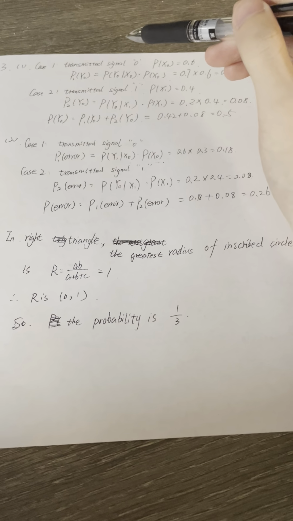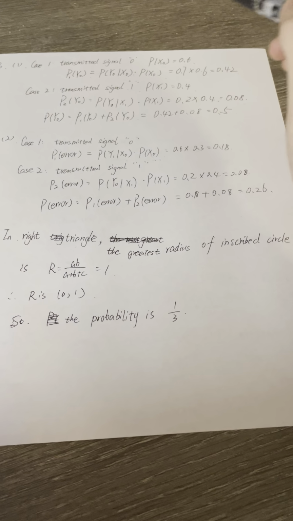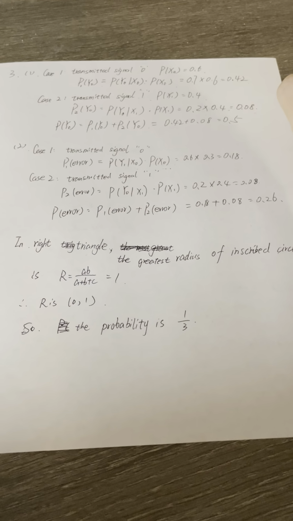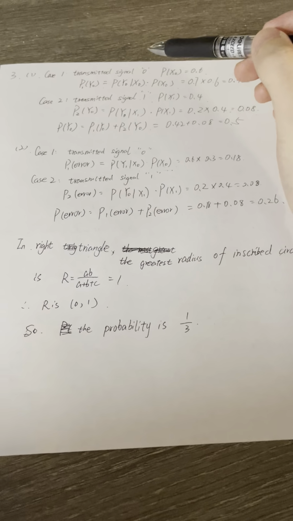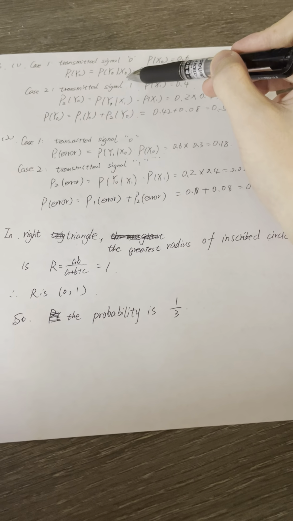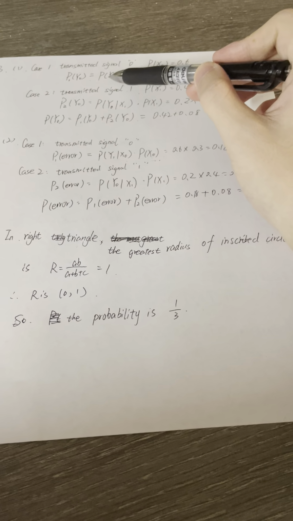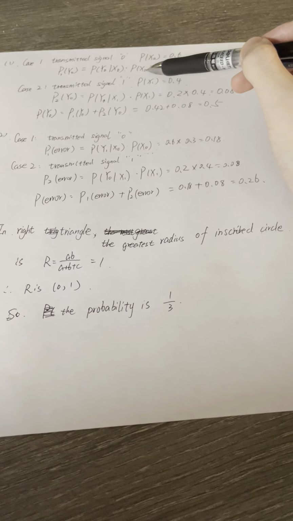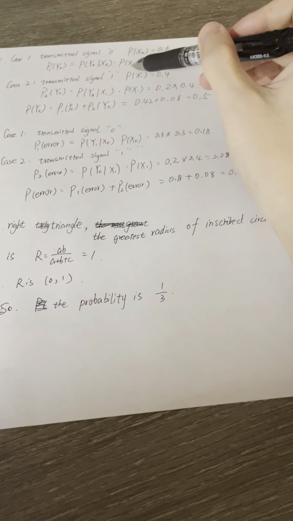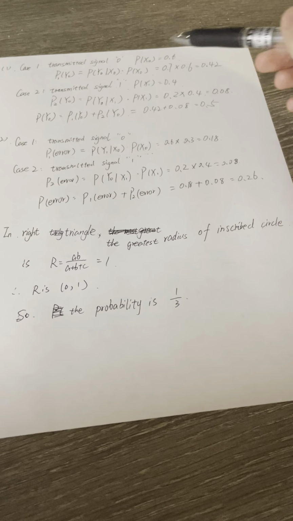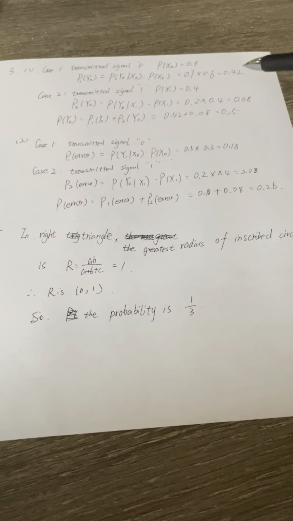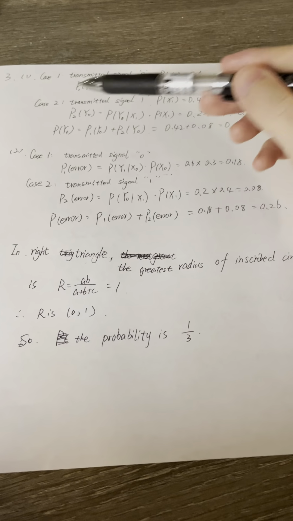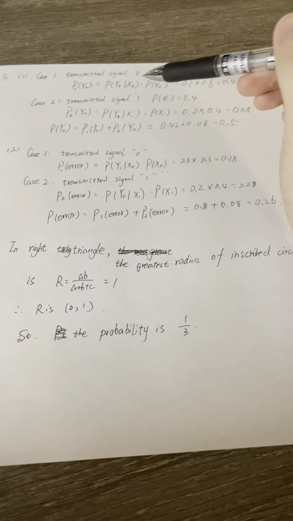In case 1, if we finally get 0, the probability is equal to the probability we transmit 0 and finally get 0, times the probability we transmit signal 0. So the result is 0.42.